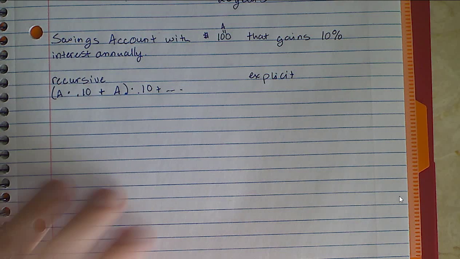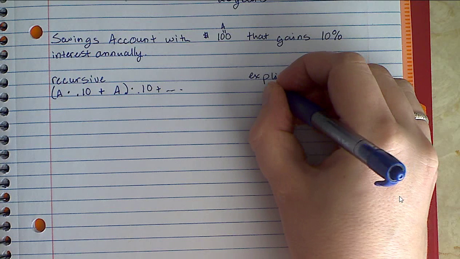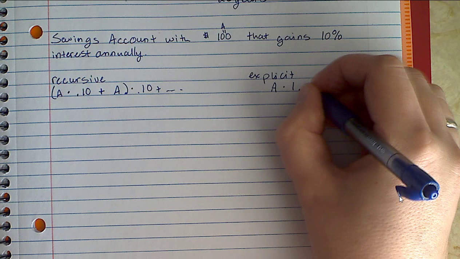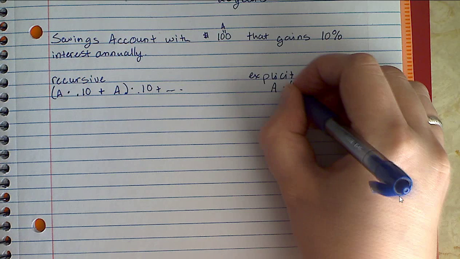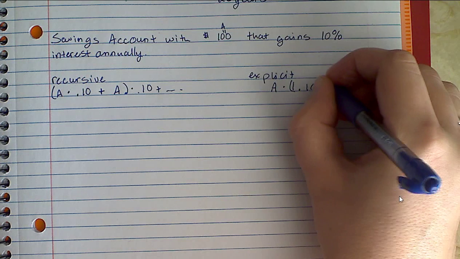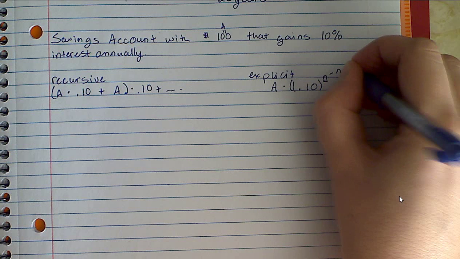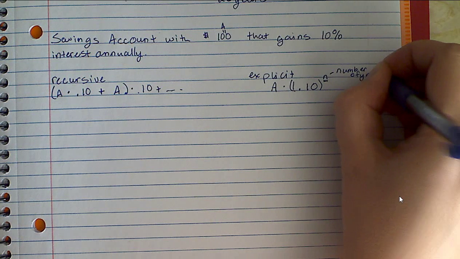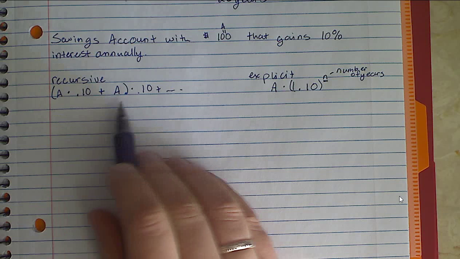The explicit formula is A times 1.10 raised to the power of n, where n is the number of years you're looking for. Now, you have to use a calculator for this, but this is way easier than doing that, and you can't do either of them in your head.